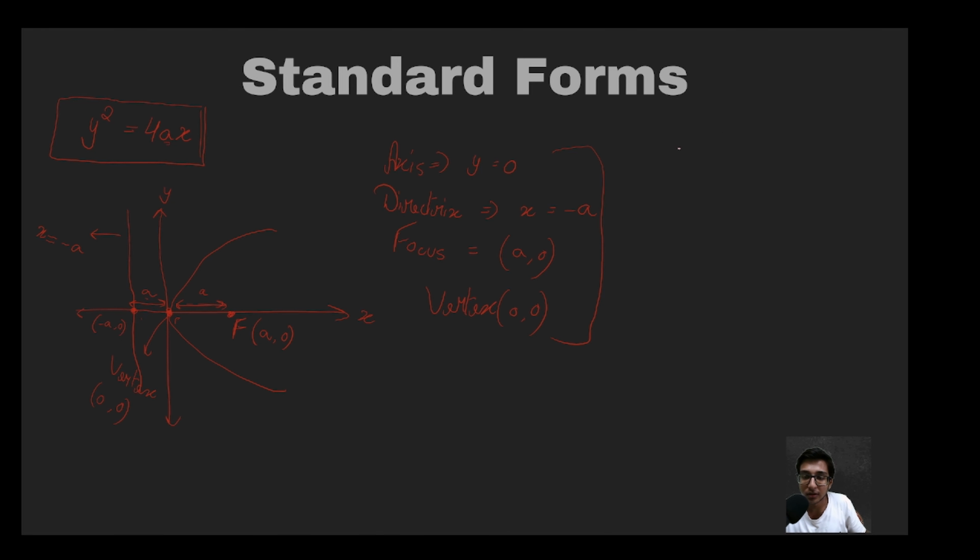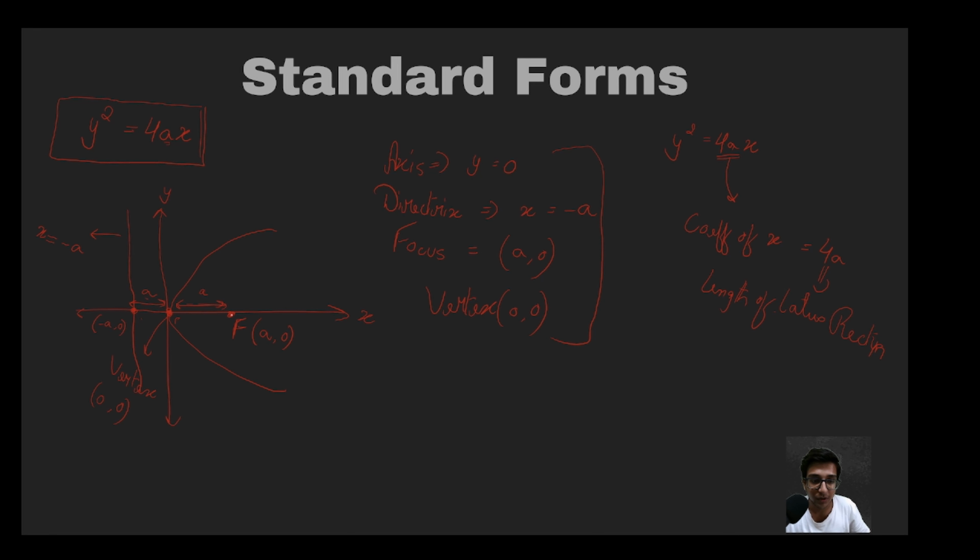Now there is one more thing that you can come up with from this equation. Y square is equal to 4ax. Now this 4a, the coefficient of x, since we know a is a constant, this is nothing but the length of our latus rectum.